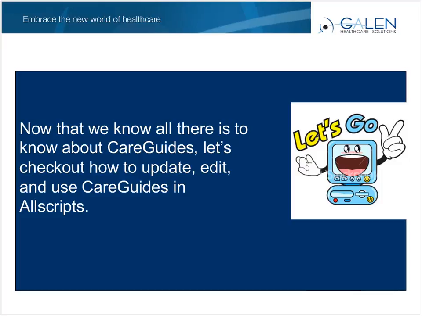So the reason, as I had stated before, that it was so important to rename any care guides that your organization is using is because if you choose to bring over that care guide and make it an Enterprise Active template, it will override any care guides that are enterprise.